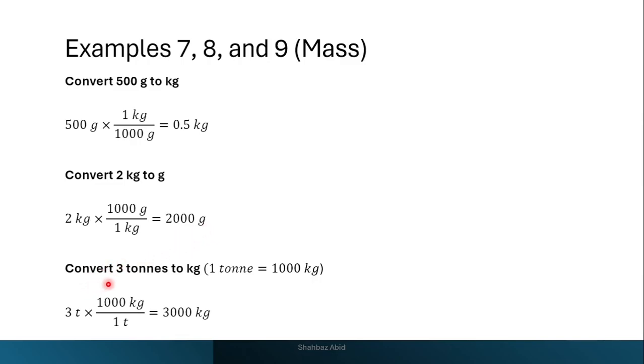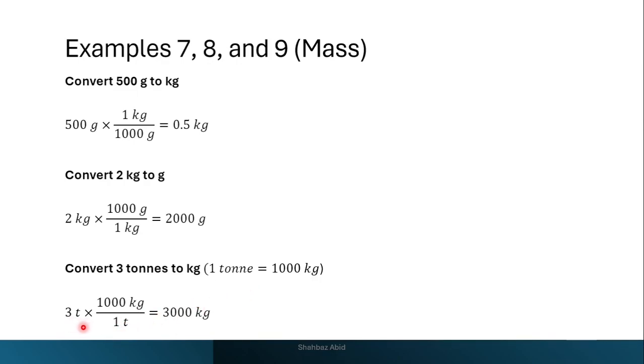Convert 3 tons. Now in some cases we might have to use a larger scale for the mass. So 1 ton is actually equal to 1000 kilograms. You might have heard the word kilogram in many different scenarios. Its symbol is actually t, small letter t.